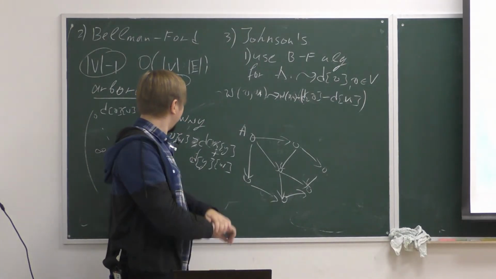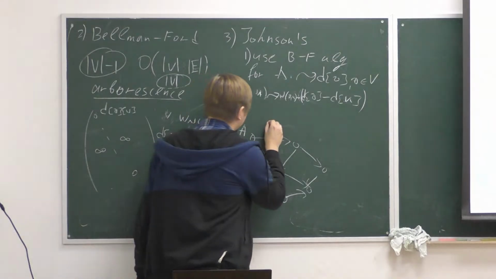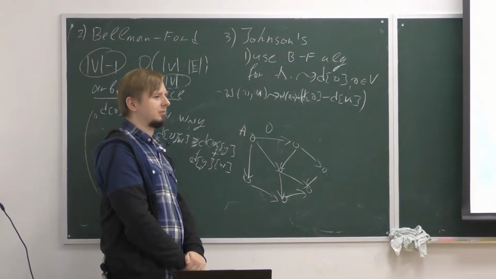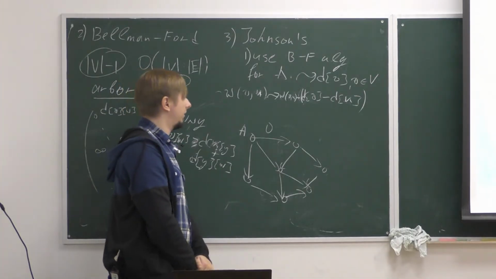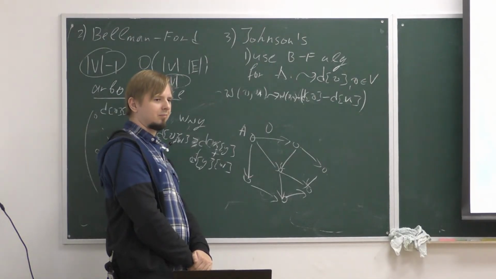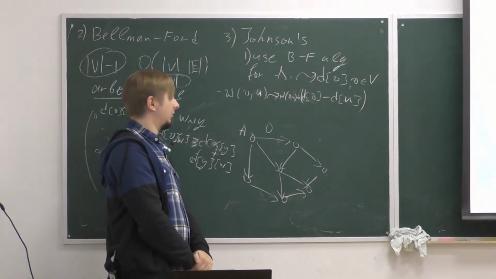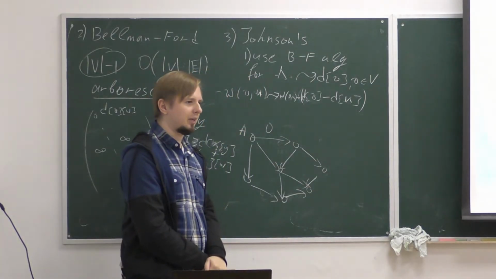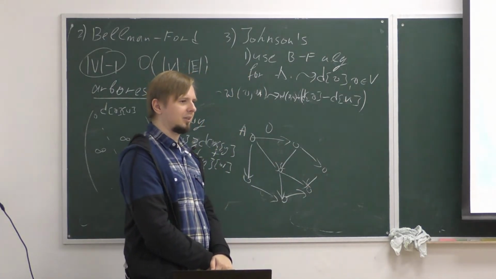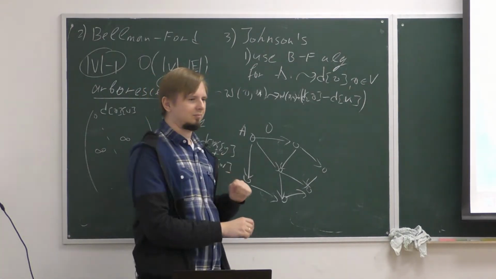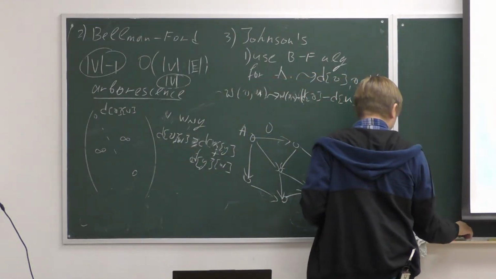So let me answer this question. In this case, it will be 0. For the spanning arborescence, all weights will be 0.